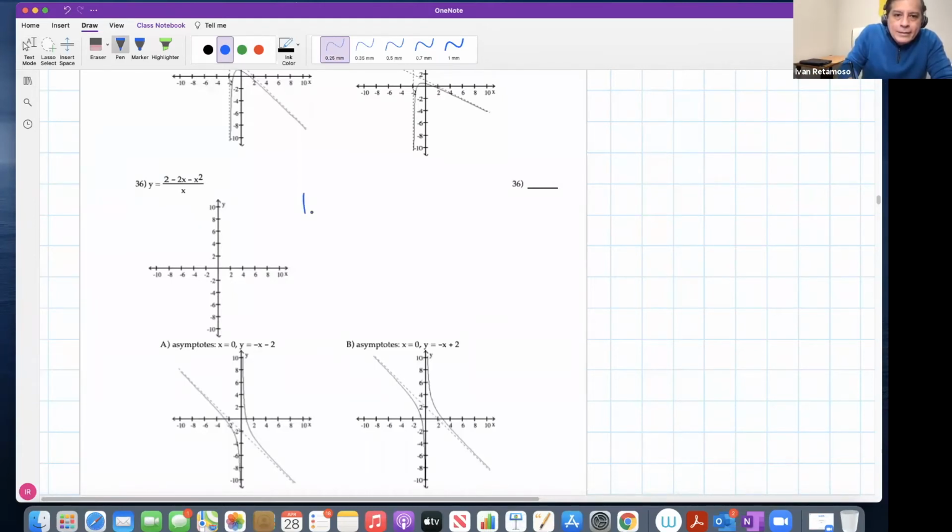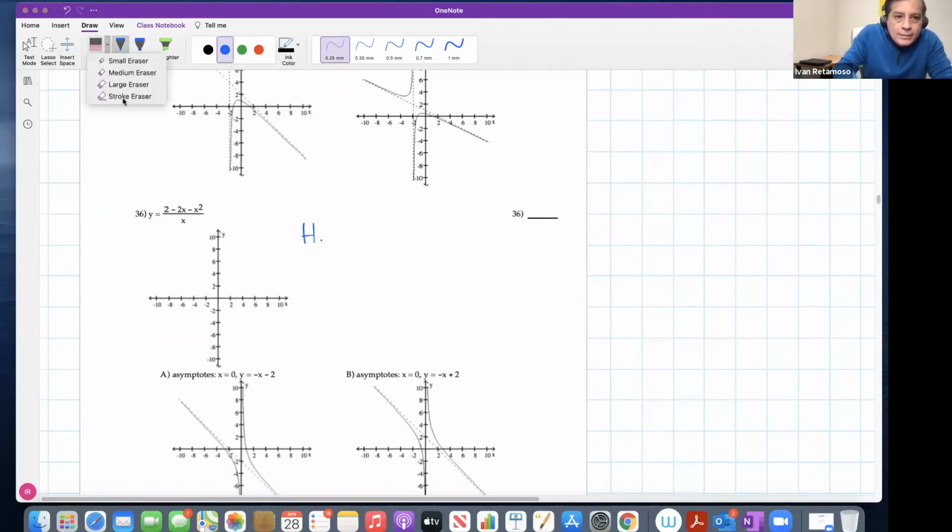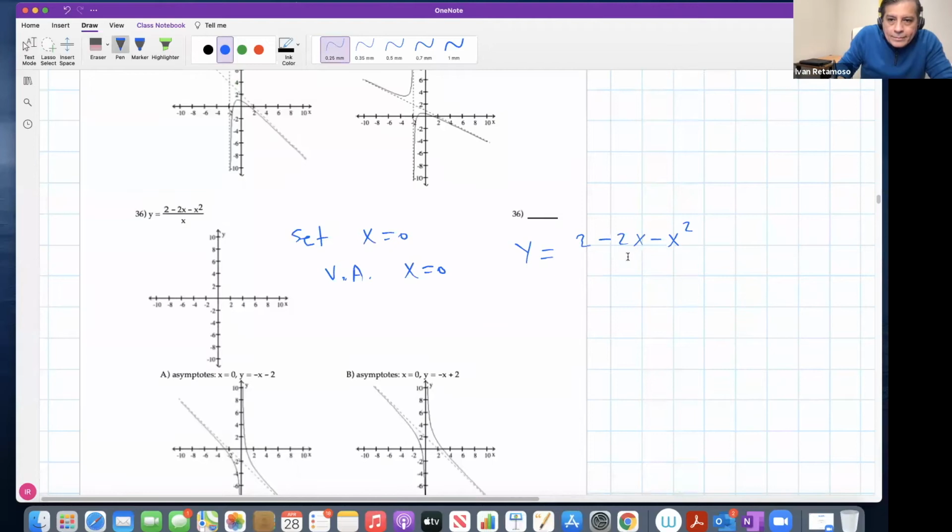Quickly determine your vertical asymptote first, as we did before. The vertical asymptote is what we get when you set your denominator equal to 0. This is the vertical asymptote, x equals 0. And what about the slant asymptote? Good news here, because this rational function has such a simple divisor that the division is really straightforward. Look at this.